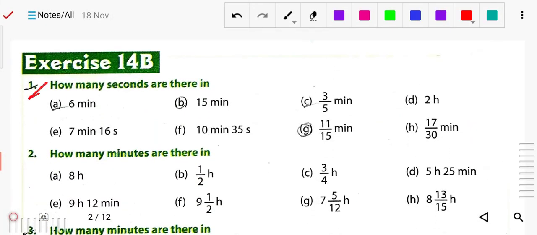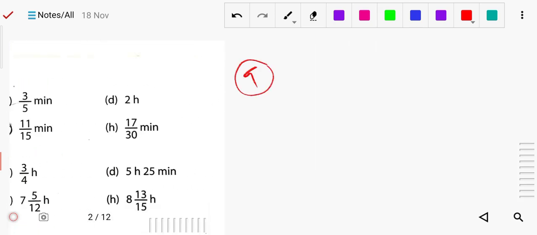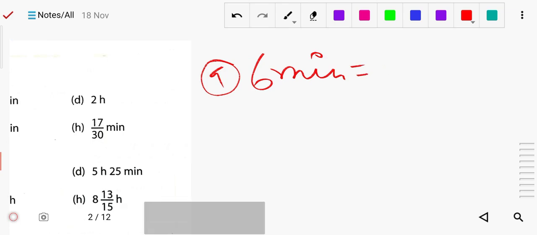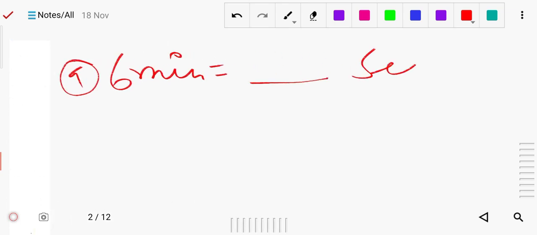Here is the first question. How many seconds are there in 6 minutes? For number 1, 6 minutes is given. Okay. So in 6 minutes, how many seconds? So we have to convert minute to second. Minute is the highest unit and the second is the lowest. So we are going from highest to lowest. It means we have to multiply by 60.